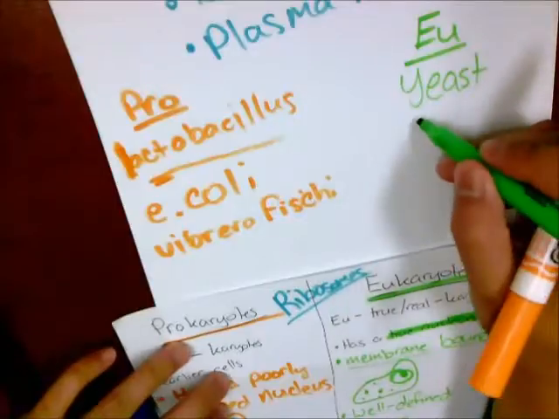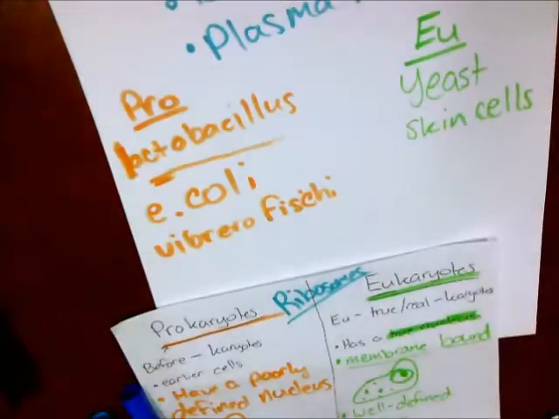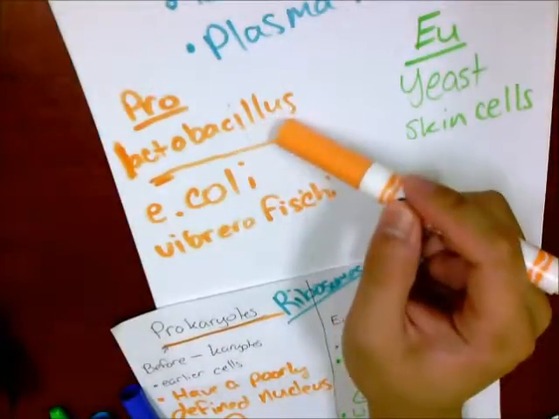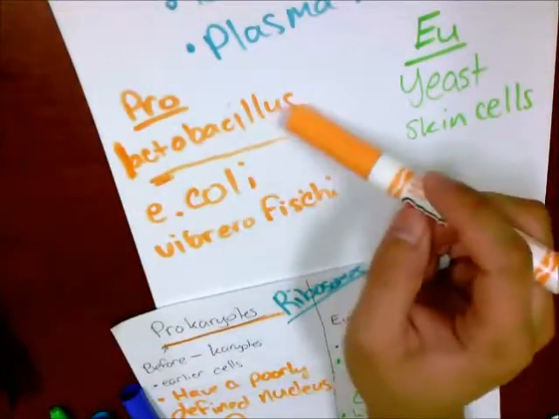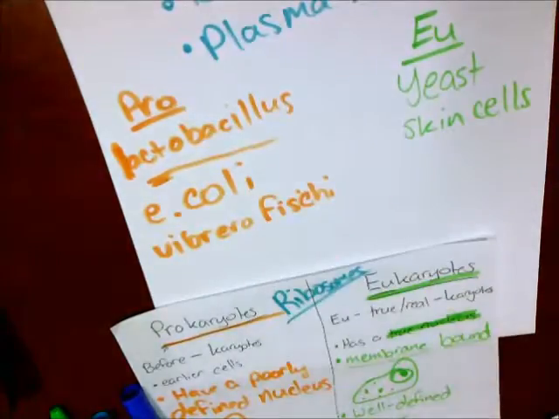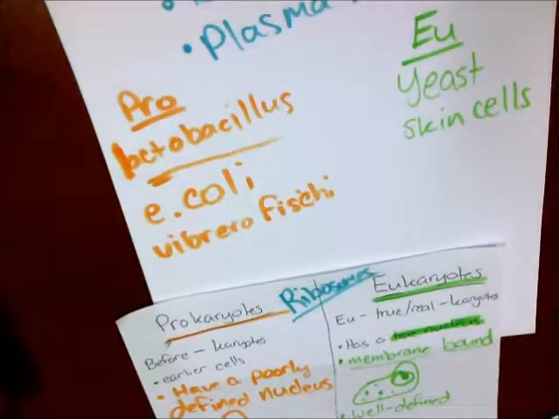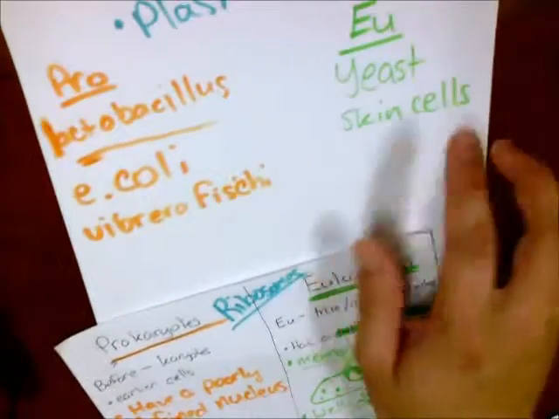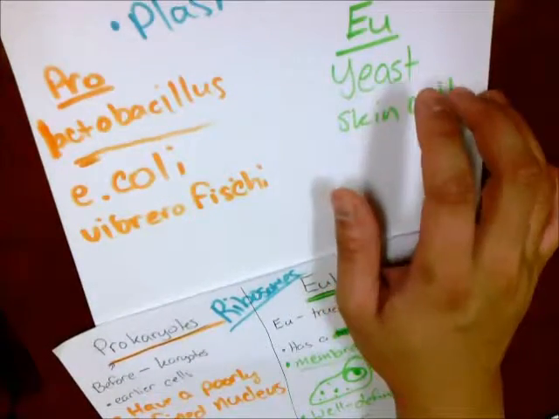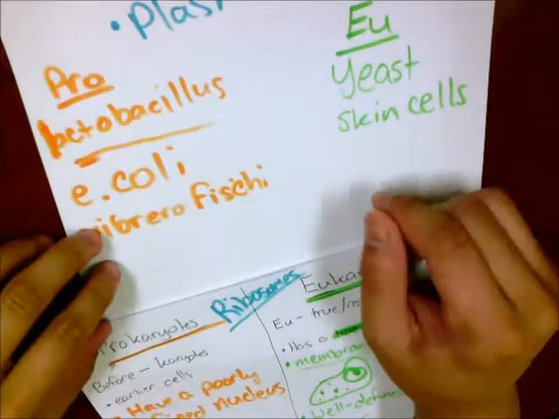I gave you skin cells and whatnot, so you already saw some examples of eukaryotes. I know lactobacillus shows up on your mastery test, and because it's a very simple bacteria, it's a prokaryote and it's really hard to kill. I don't really know how you're supposed to figure that out just by looking at it. But yeah, yeast, things like you use in bread. They're bigger. They've got little clumps you can buy in bags. Those are going to be eukaryotes.